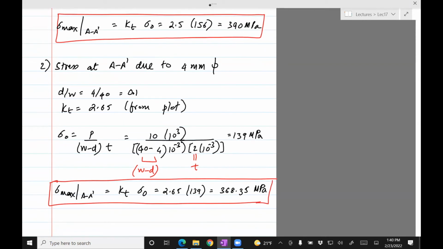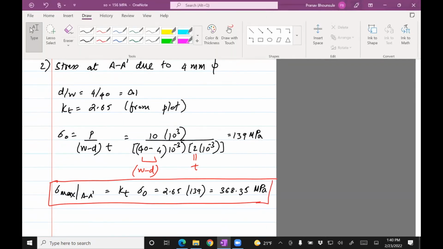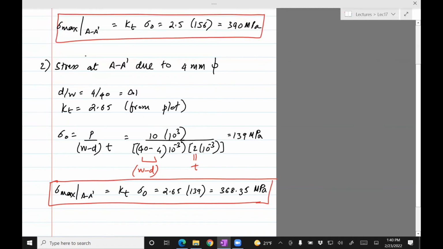So just to distinguish this, maybe we just have to put the actual values. The stresses look like they're the same, but they're for different geometries. Let's just put 8 here, then 4 mm.